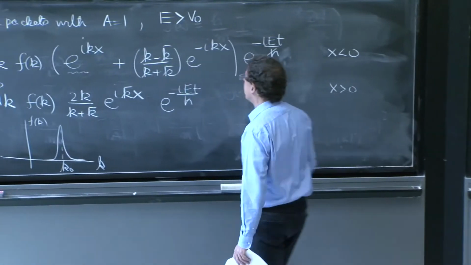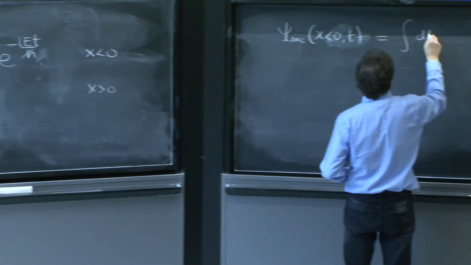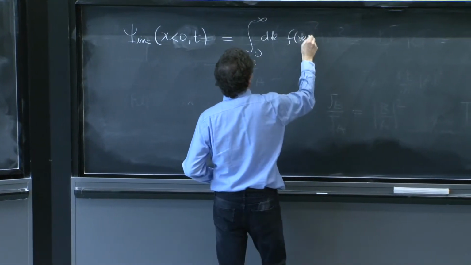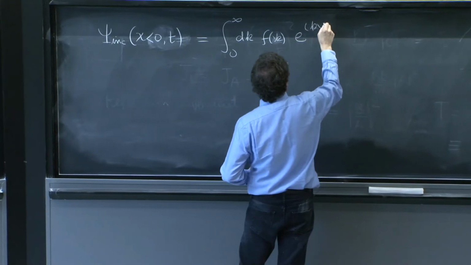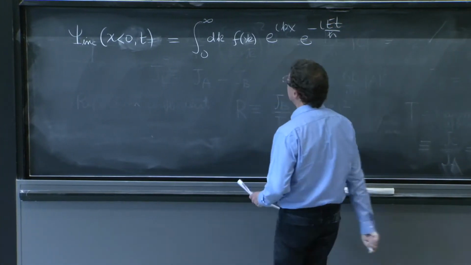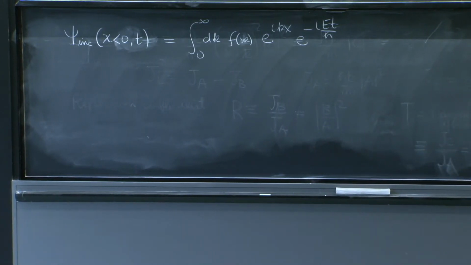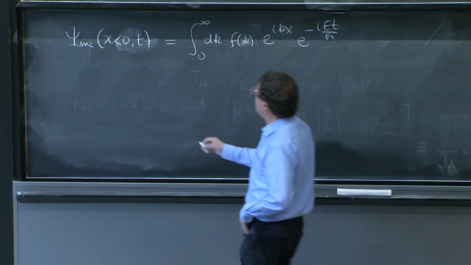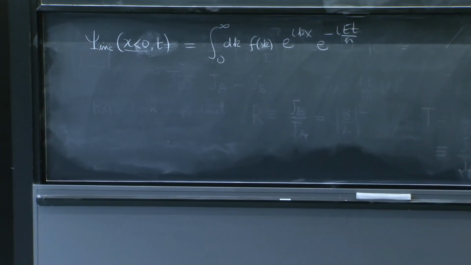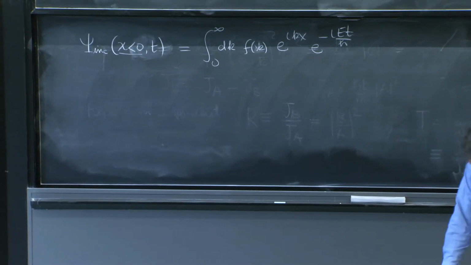This is for x less than 0, and the incident wave packet is the integral dk from 0 to infinity f of k e to the I kx e to the minus I Et over h bar. And this is just defined for x less than 0. And that's so important that I write it here. For x less than 0, you have an incident wave packet.